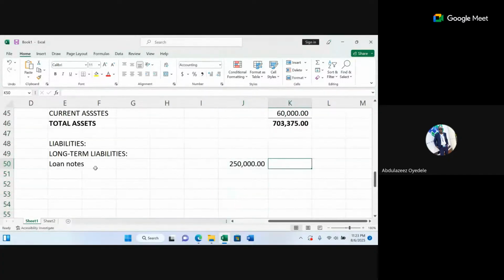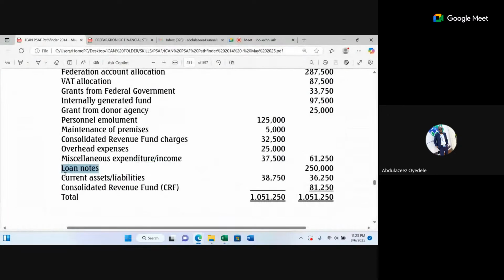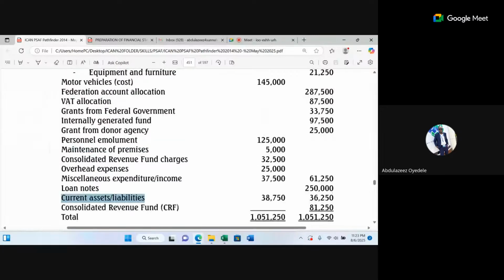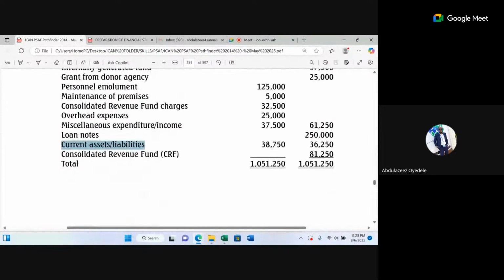Now, I don't think there's any other non-current liability that we have. So that is the non-current liability that we have. Then we can now bring in our current liabilities. If you check very well, you see that there's no other current liability in the trial balance except this one. Which means they have consolidated all their current liability items.